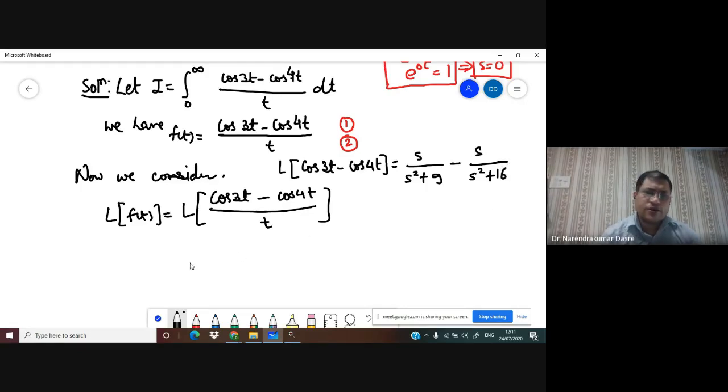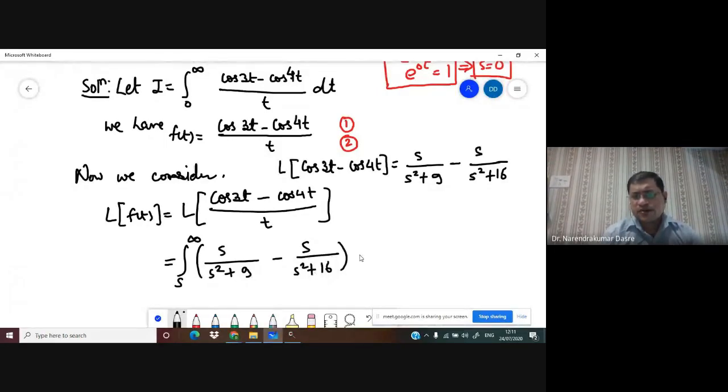So this is the first step that we have completed. Because of the property division by t, I will be having the integral from s to infinity of s upon s square plus 9 minus s upon s square plus 16.